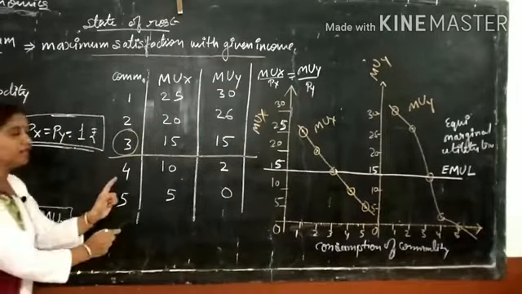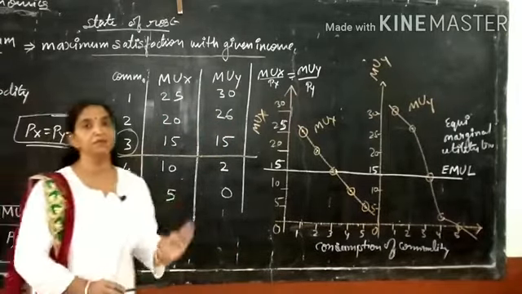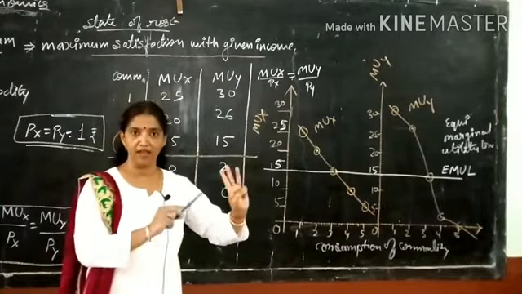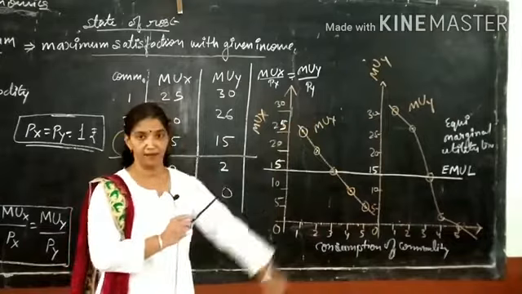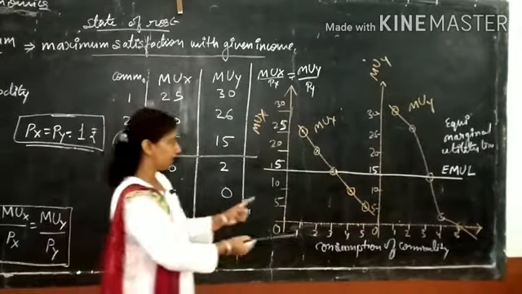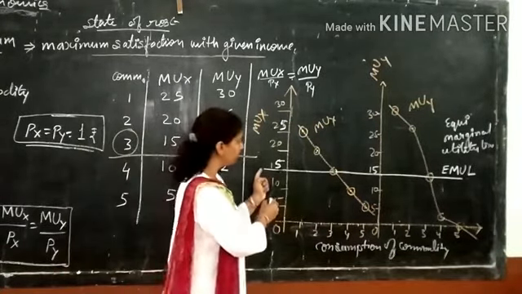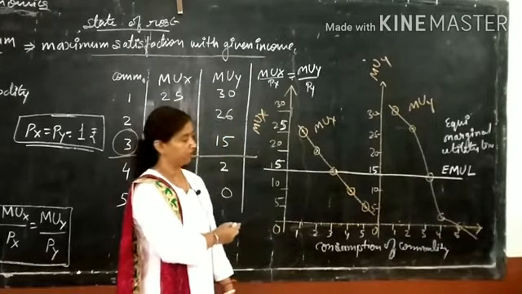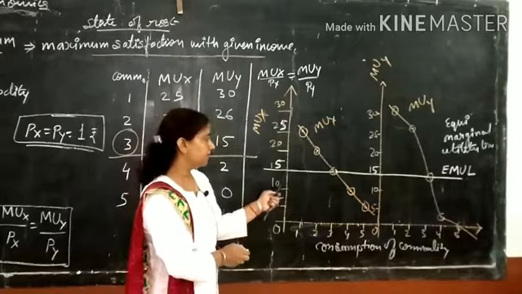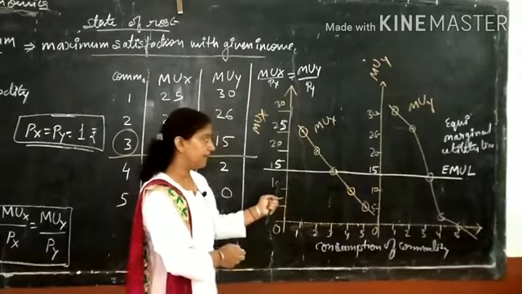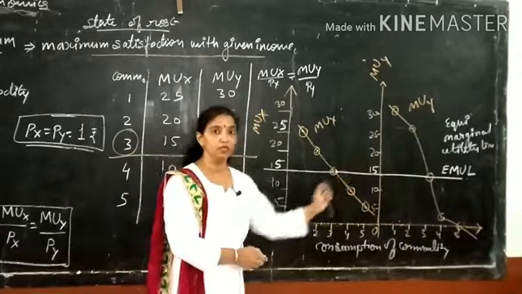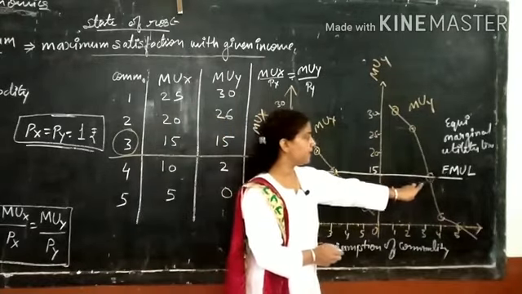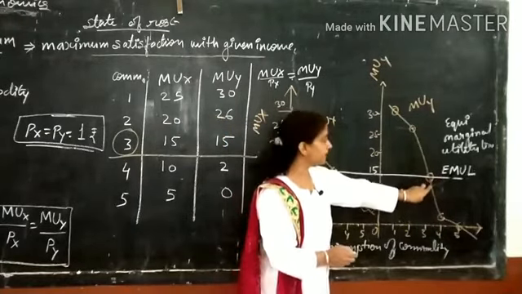The equilibrium condition lies at the consumption level where the consumer is consuming 3 units of X and 3 units of Y. That is the state where he is getting 15 utils from X and 15 utils from Y's consumption. Here there is a line adjoining both graphs, and this line is called EMUL.